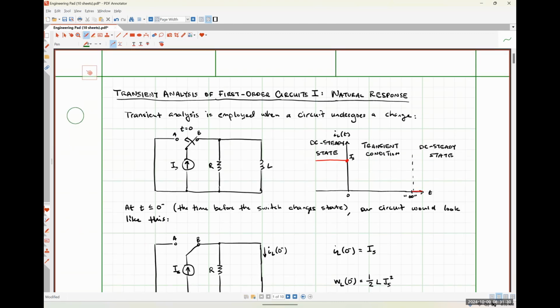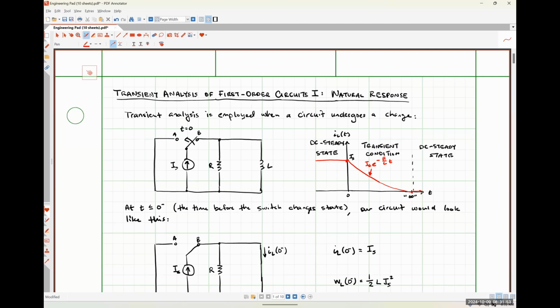So on my graph way back up here, I'm just going to add that in. We would have an exponential decay like this. Okay. Where this would be e to the negative R over L times time.